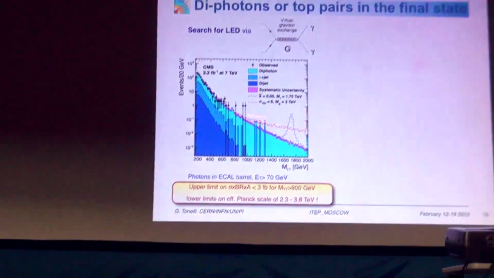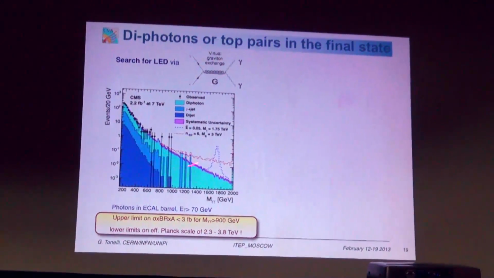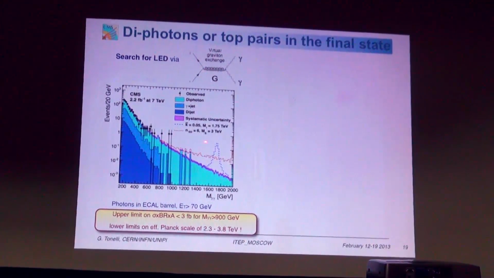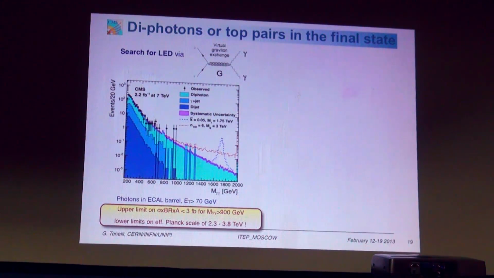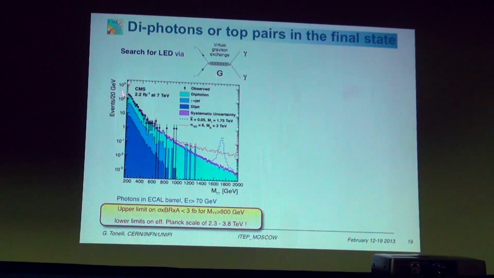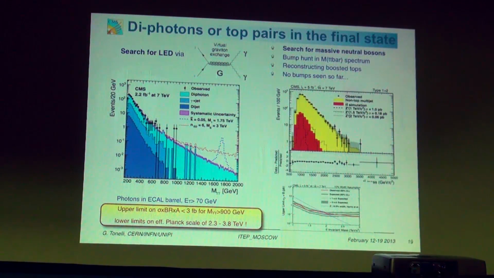You might have narrow resonances going to diphoton, appearing at a mass between 1 and 2 TeV. It could be Kaluza-Klein states, narrow or broad, so you have to look for any excess that deviates from the diphoton, gamma plus jet, and dijet natural background. You don't see anything, so we put limits also here.